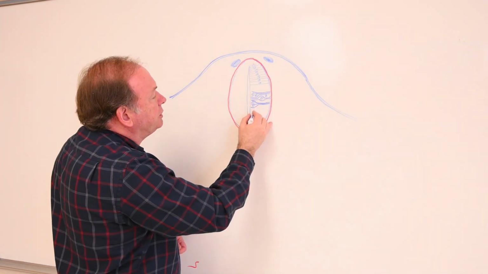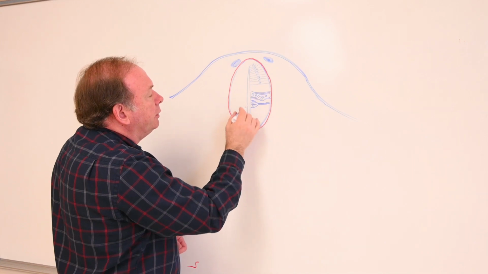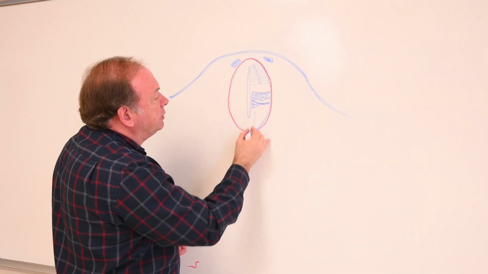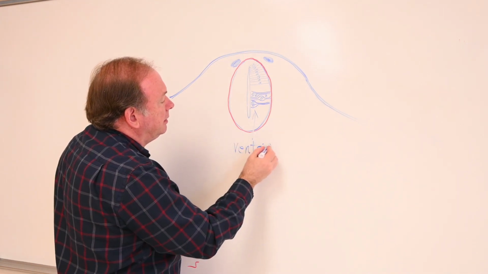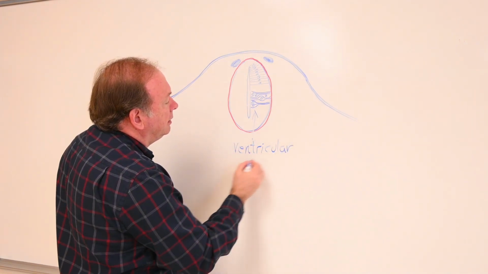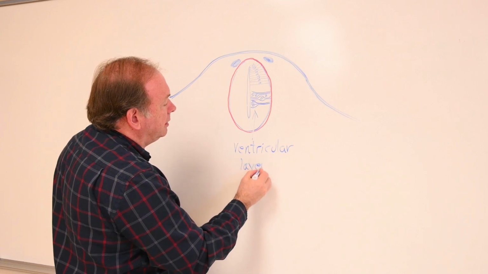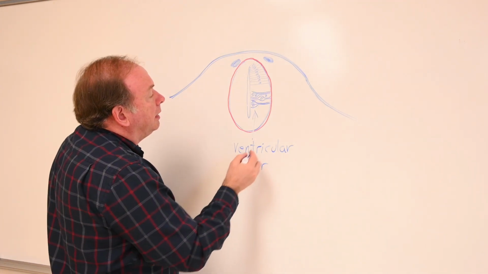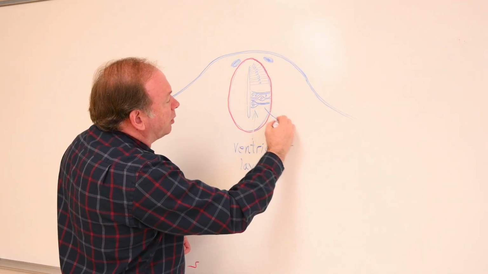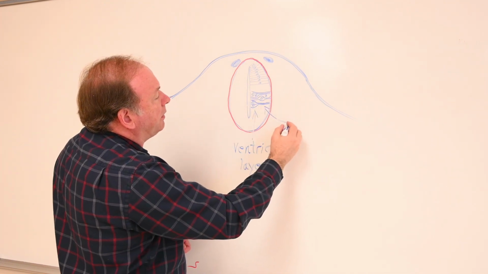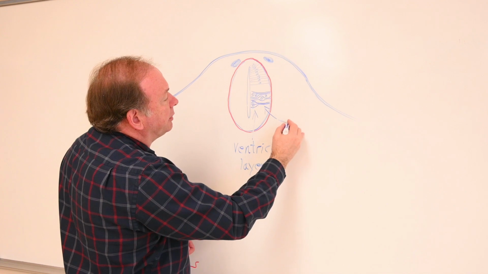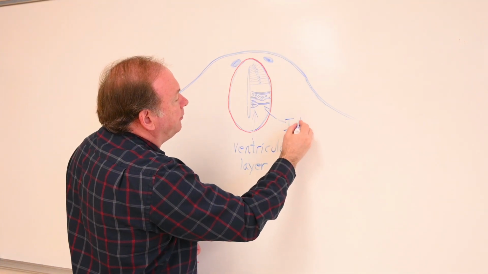That portion which is closer to the neurocele is referred to as the ventricular layer. And that zone that's out away from that is sometimes called the mantle, but it's also known as the intermediate layer.